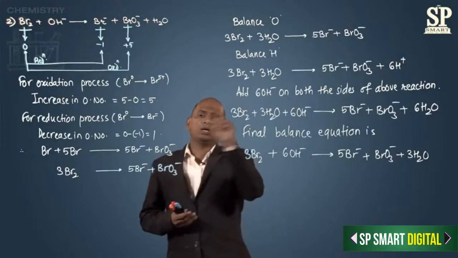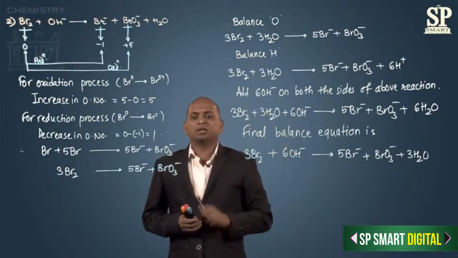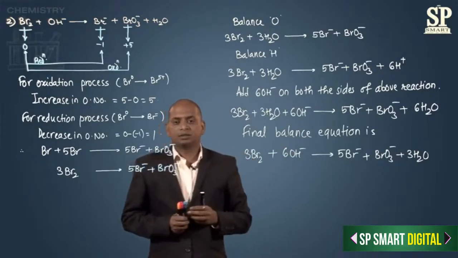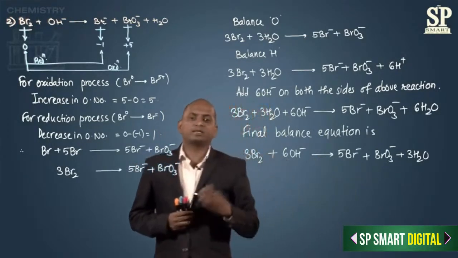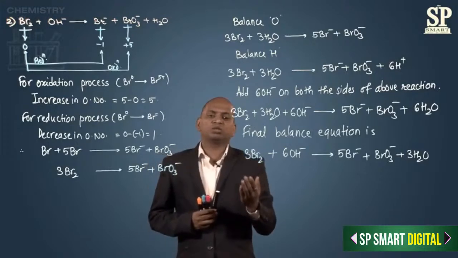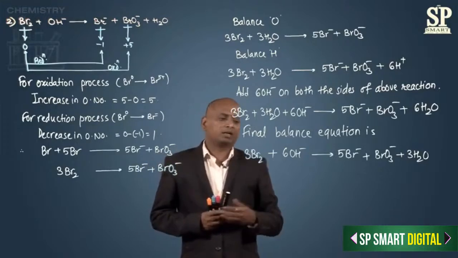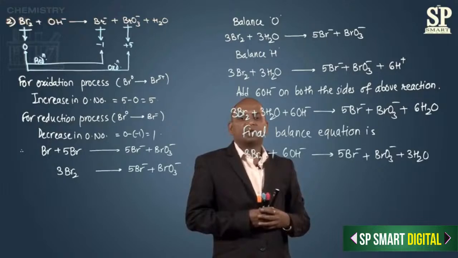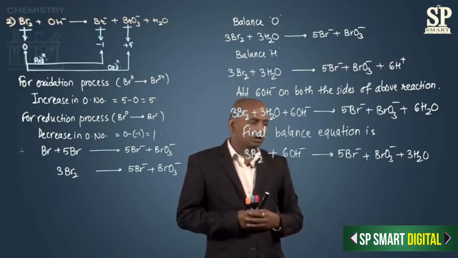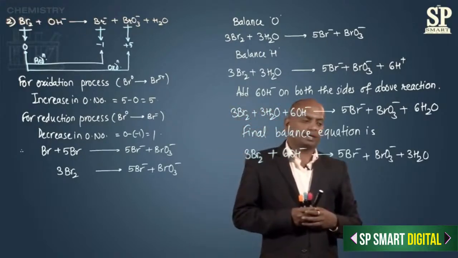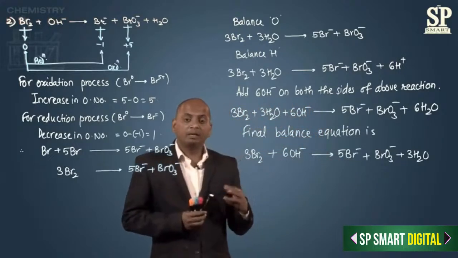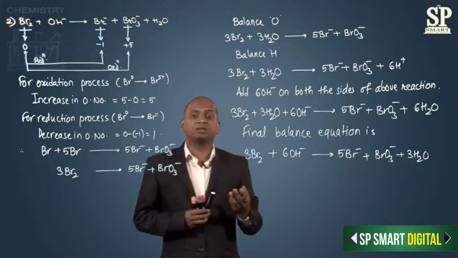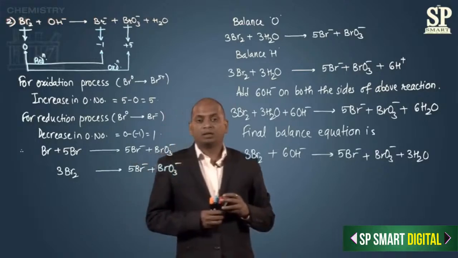So in all redox reactions, the important part is this. Now once we balance this reaction, what can we say? 3 moles of bromine react with 6 moles of alkali and give you 5 moles of bromide ions and 1 mole of bromate ion. When I am dealing with moles, it is very easy to calculate.